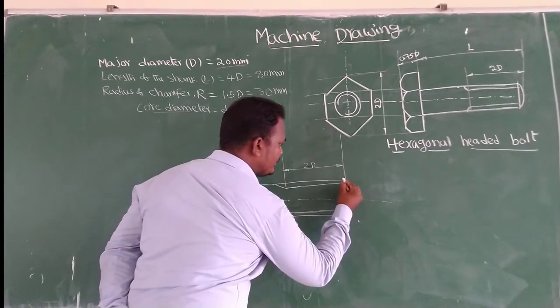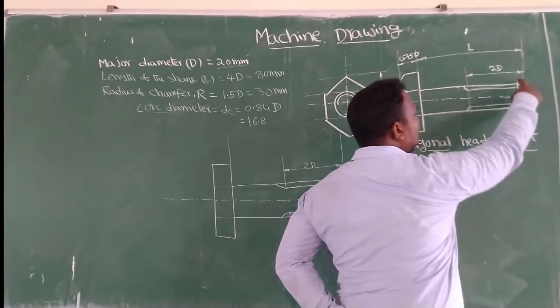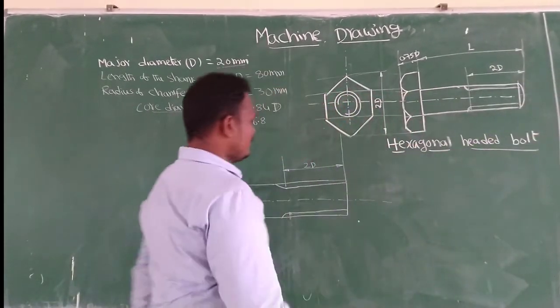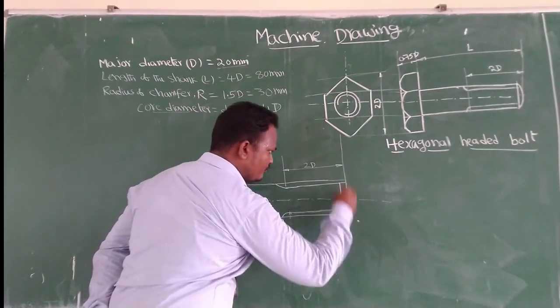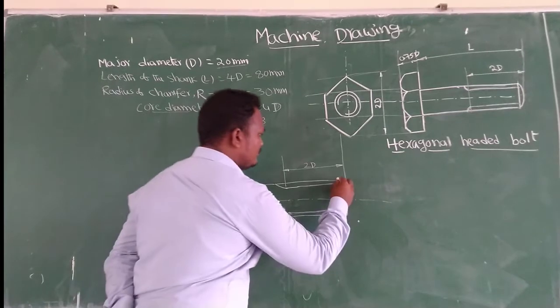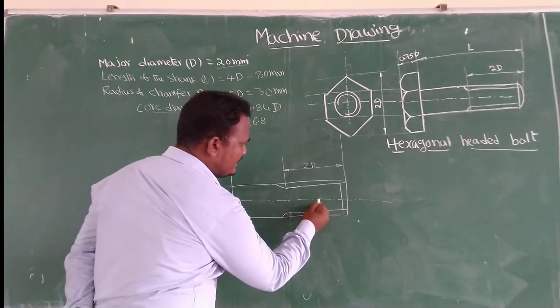Okay, so here this tail also we have to draw. Very simple. So this is the axis line, right?